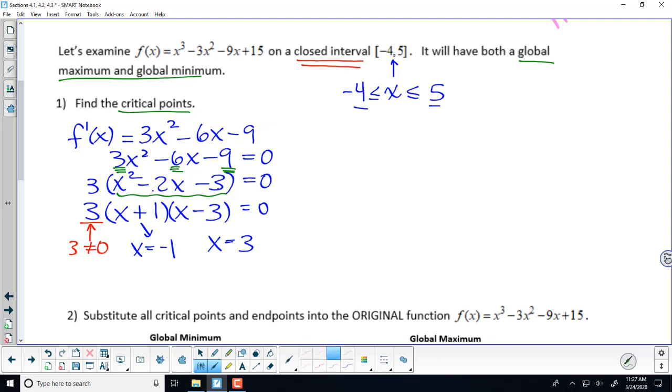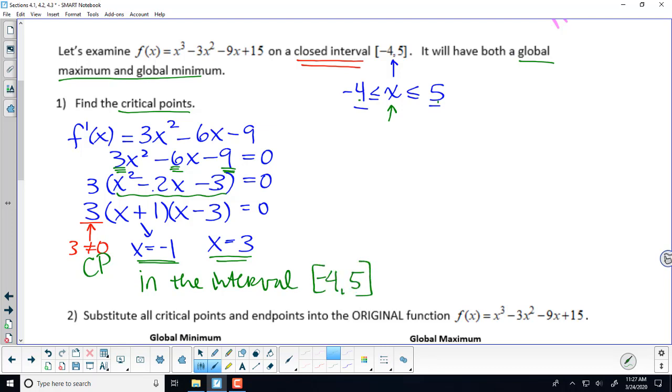Are both of these in the interval? So these are both critical points. Is -1 in this interval? Yes, it is between -4 and 5. Is 3 between -4 and 5? Yes. So these are critical points in the interval -4 to 5.